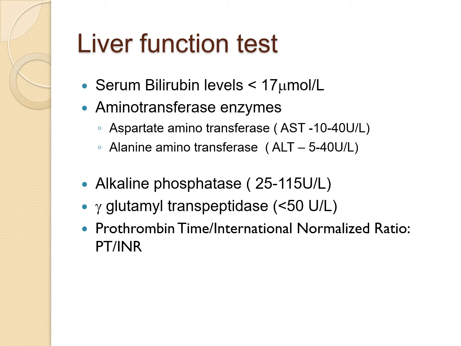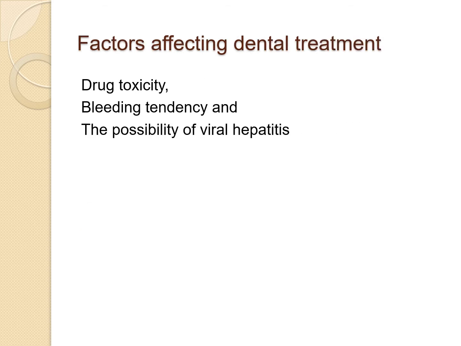Alkaline phosphatase is 25 to 115. Gamma glutamyl transferase, prothrombin time, and the international normalized ratio, the INR value. Those are the most important things we check in liver disease patients. The factors affecting dental treatment are drug toxicity, bleeding tendency, and viral hepatitis.